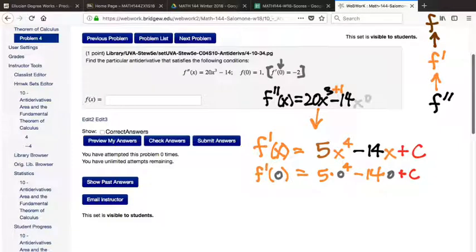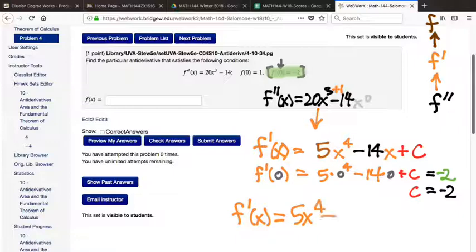And I'm trying to match that up with -2. So if instead of 0 it was going to be 1, for example, it would have been like -9. We would get a significantly different answer. So c equals -2. And so now we know that the antiderivative that we would need in order to continue is 5x to the fourth minus 14x minus 2.